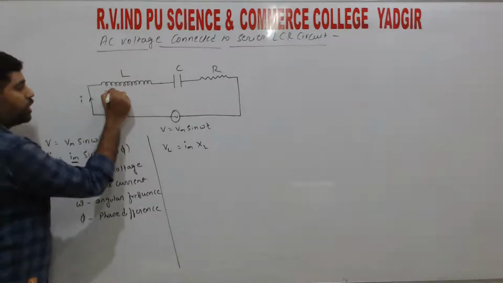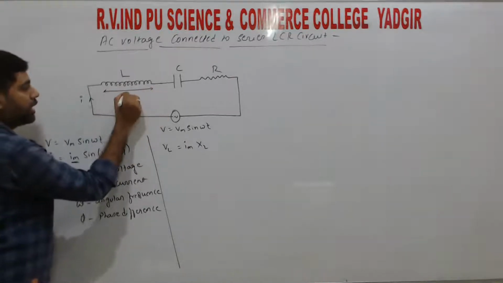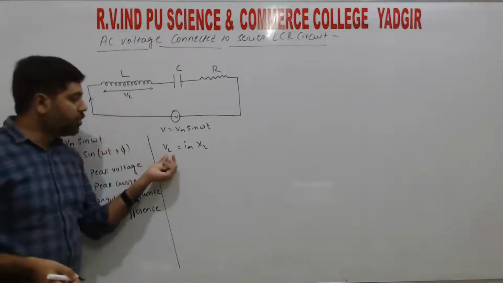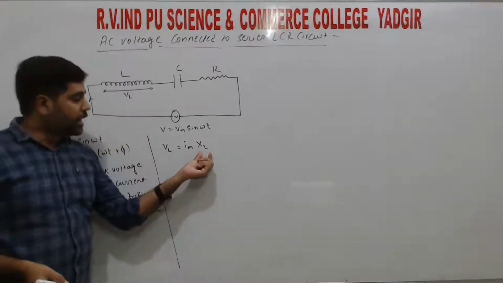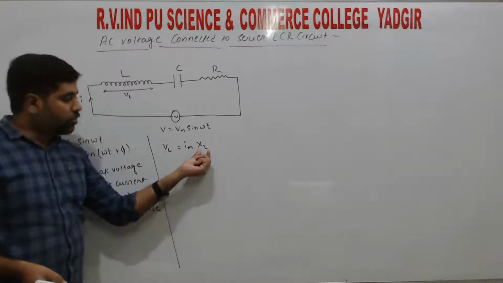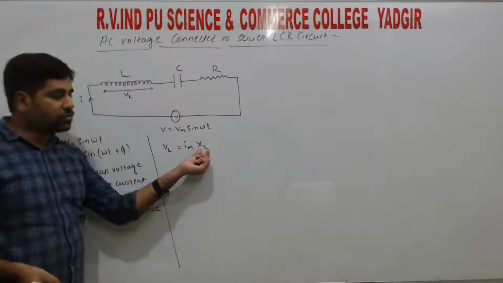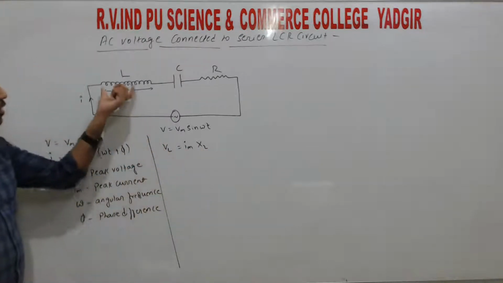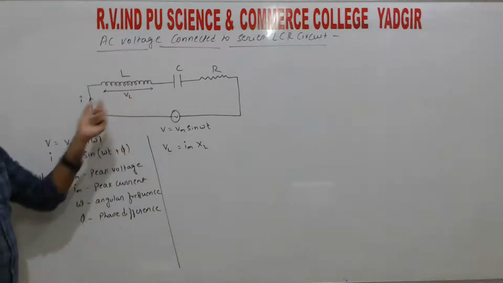The magnitude of VL is given by VL equals Im into XL, where XL is the inductive reactance, which is nothing but a resistance. Resistance into current gives the voltage drop across the inductor, that is VL.